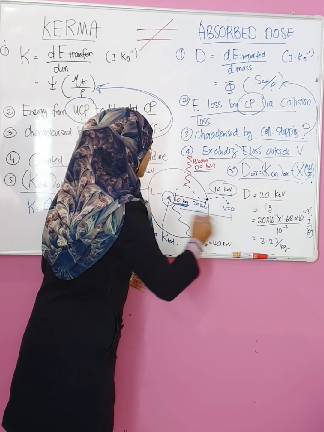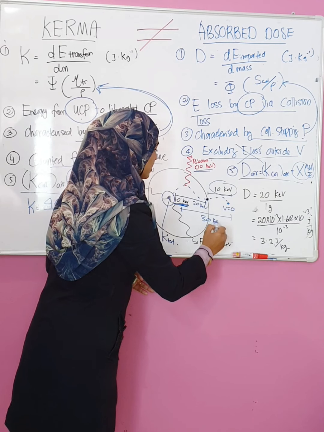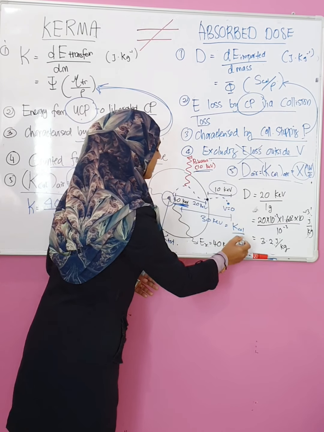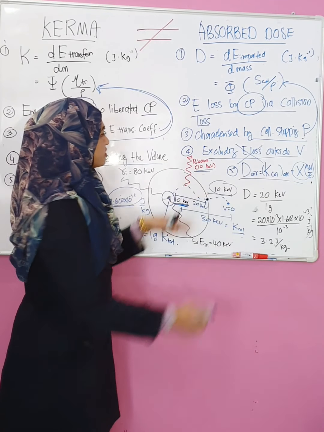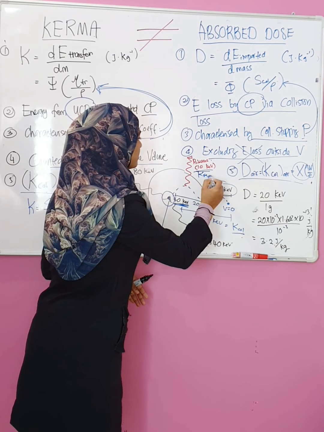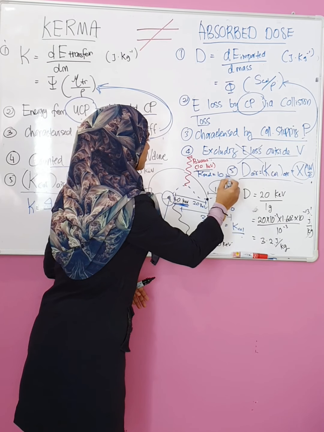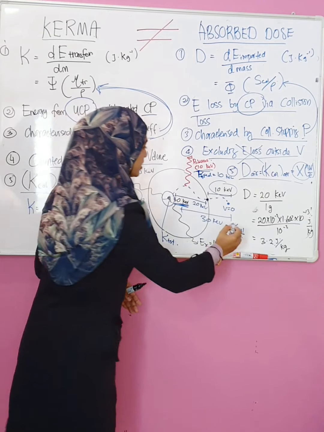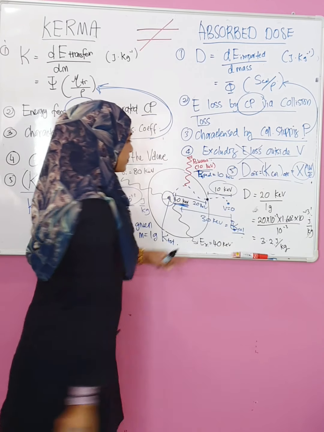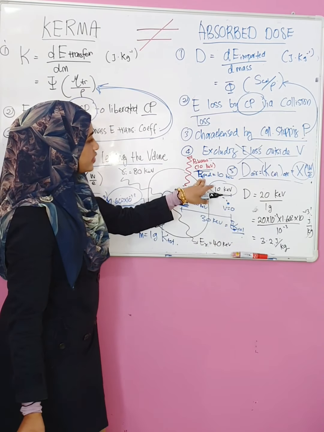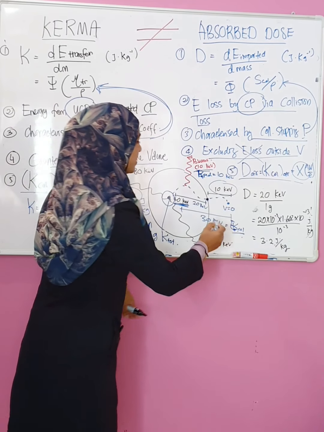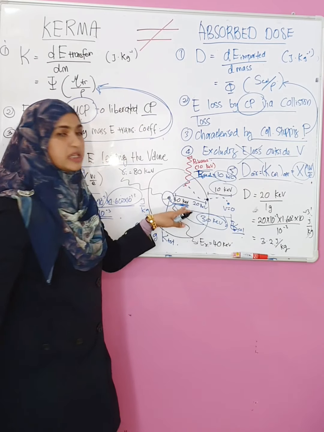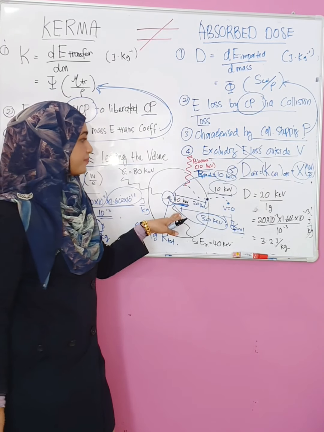So totalled up, you will get 30 keV. This is for K collision. And if we take Bremsstrahlung, the energy transfer for radiative is 10 keV and for collision 30 keV. If you sum up, you will get back 40 keV for total energy transfer.